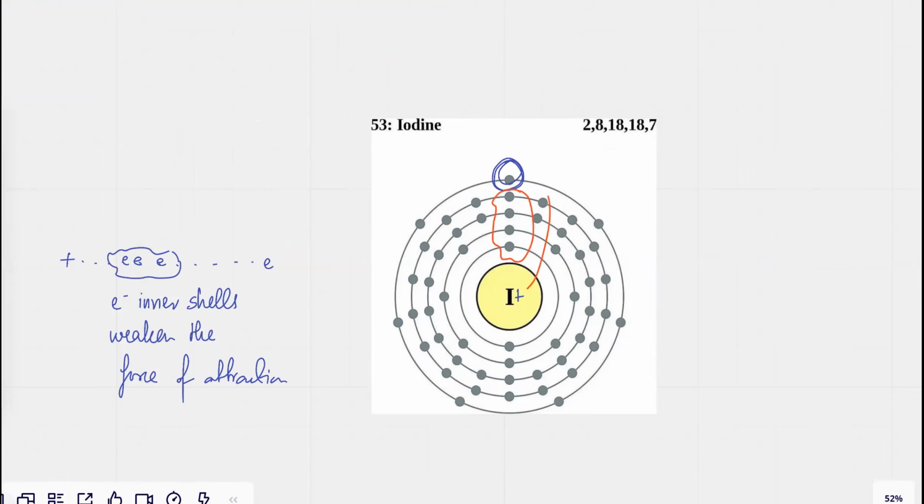The nucleus would be trying to pull this electron, but that's a lot of shielding from the many inner shells. So there are many inner electrons, that's high shielding. In the case of iodine, because the nucleus is completely surrounded by electrons, its force of attraction for its outer electrons would be very, very weak.